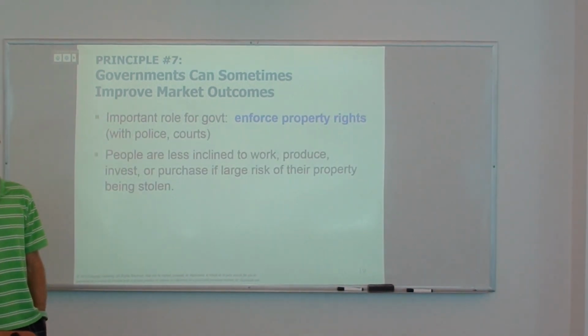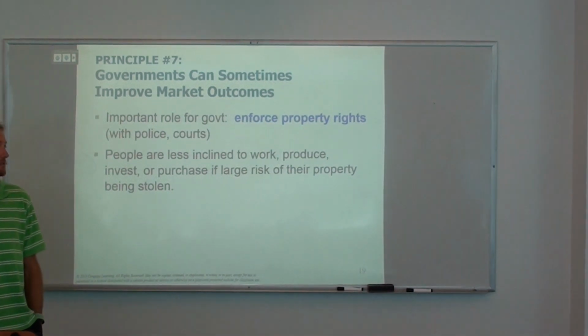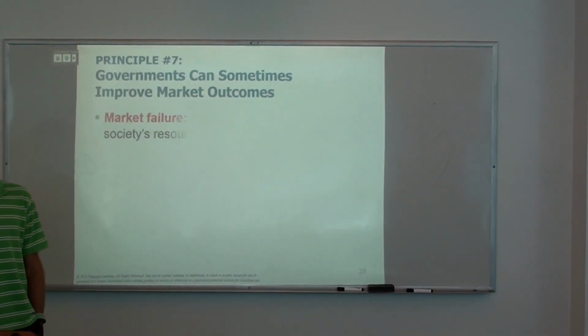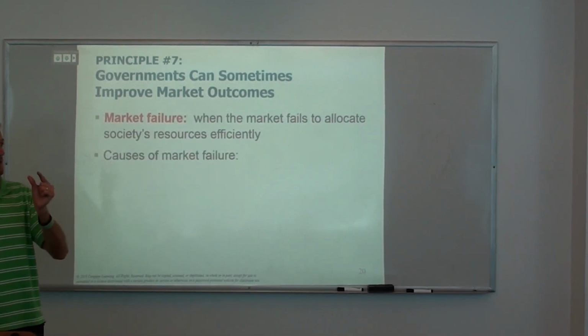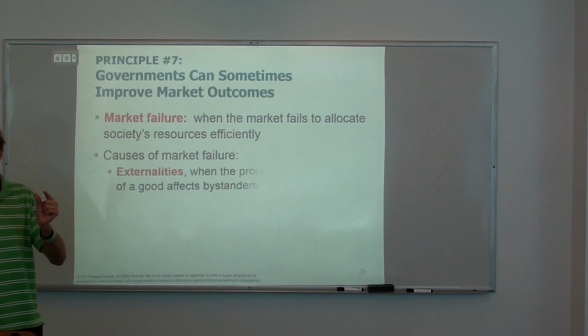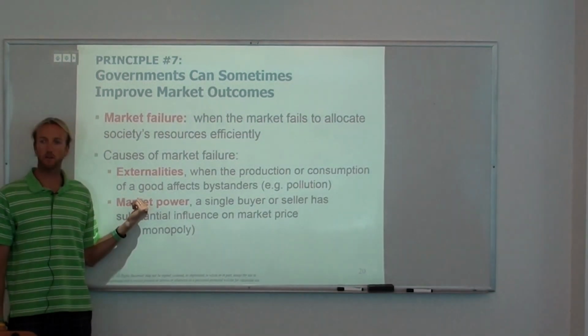This is basically what I just said. You're less inclined to work or to save if you think someone's going to steal it from you. Okay? The other assumptions that we need for the market are not having externalities and not having market power.